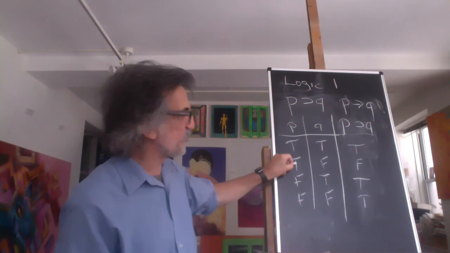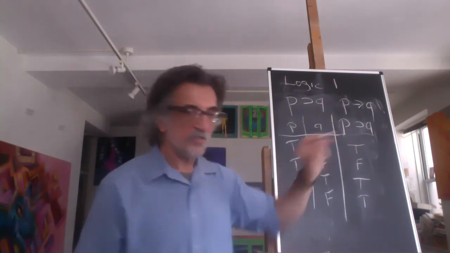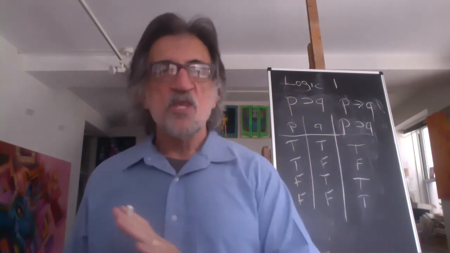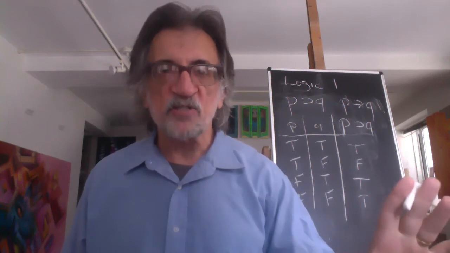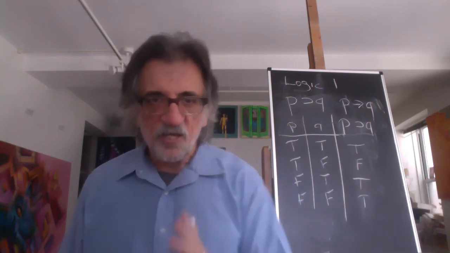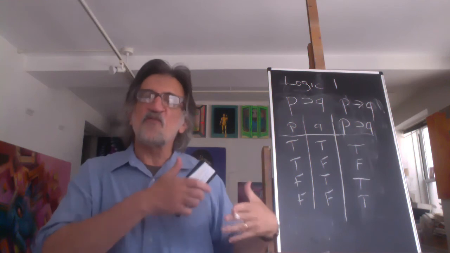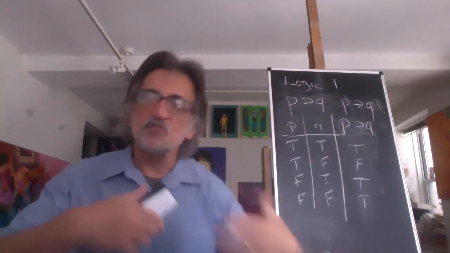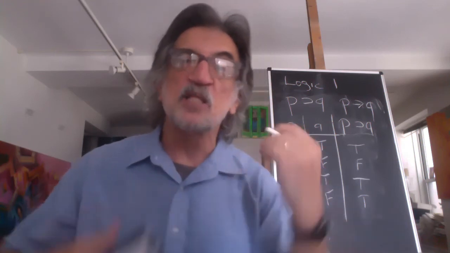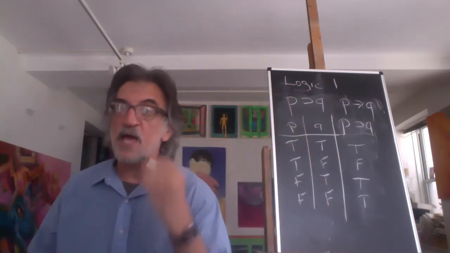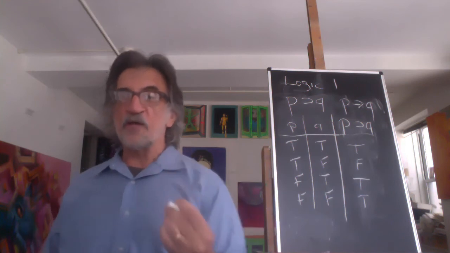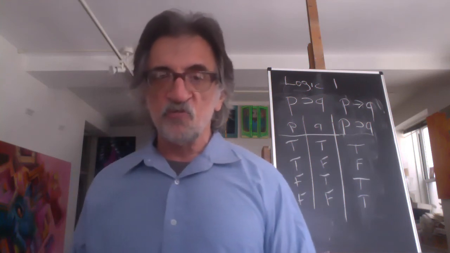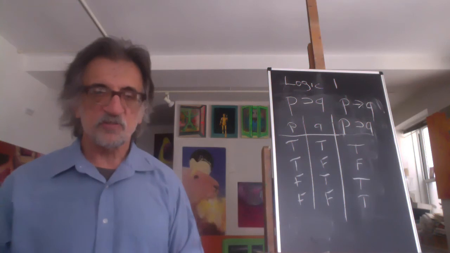The combination of true followed by false. None of the other combinations matters. So in that sense, you want to define the material conditional in the weakest way possible. Let it come out true whenever possible, as long as it doesn't come out true in that one situation wherein the antecedent is true and the consequent is false.